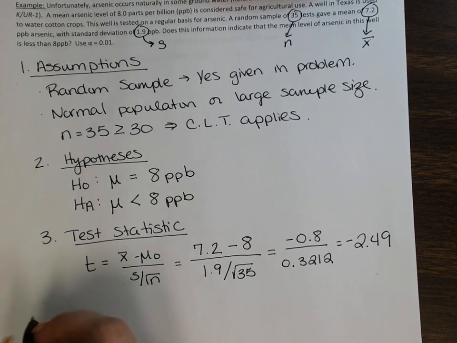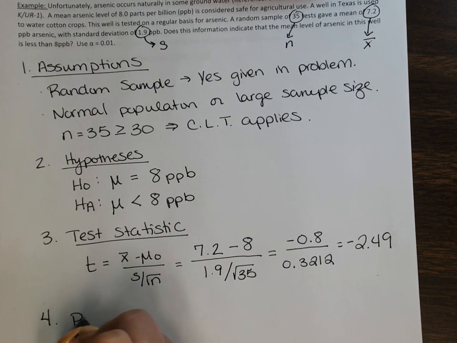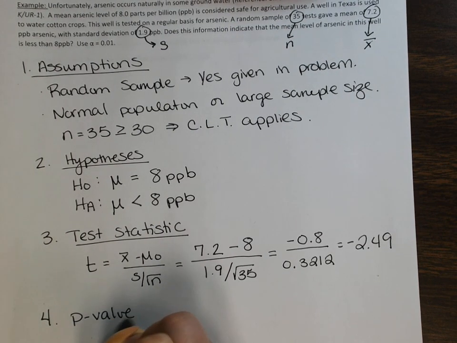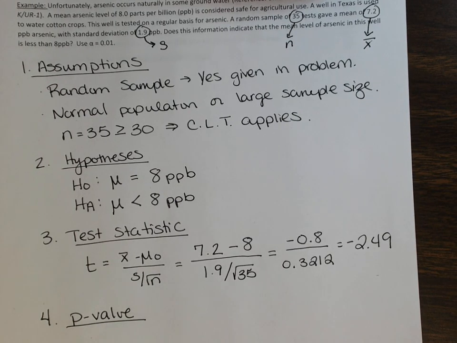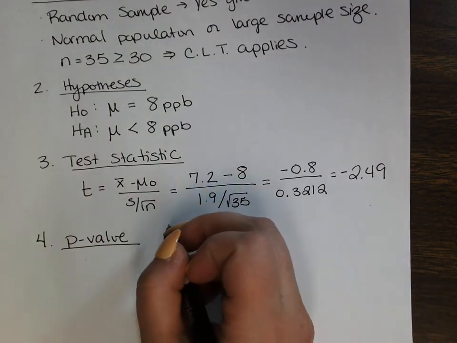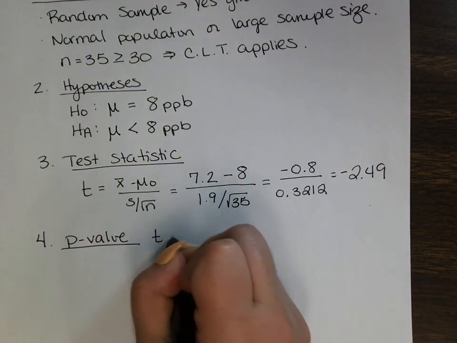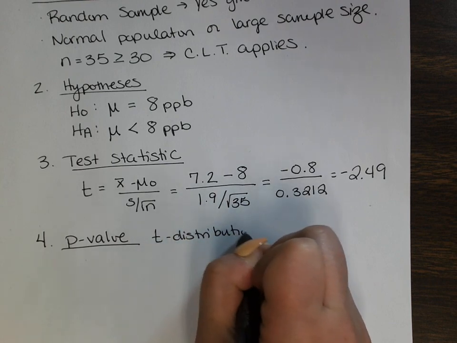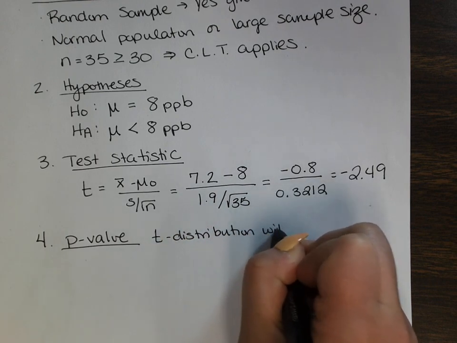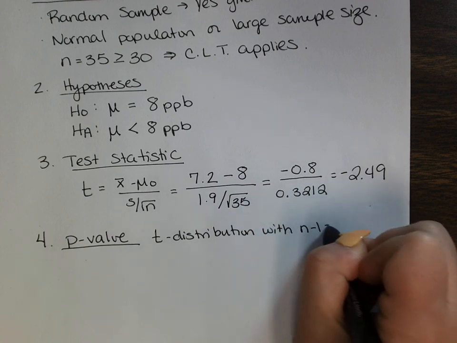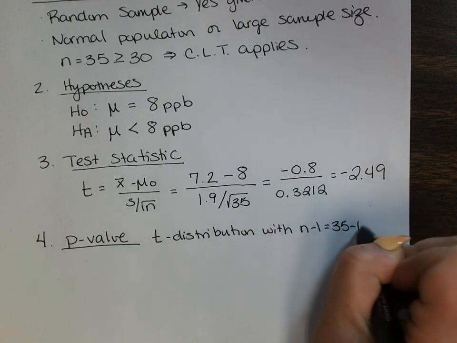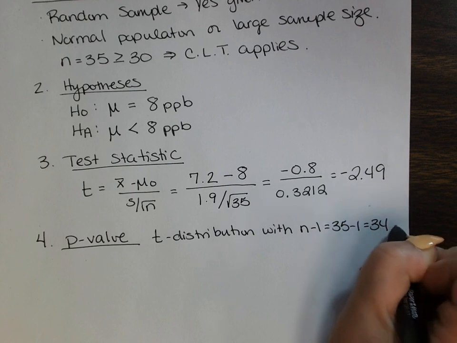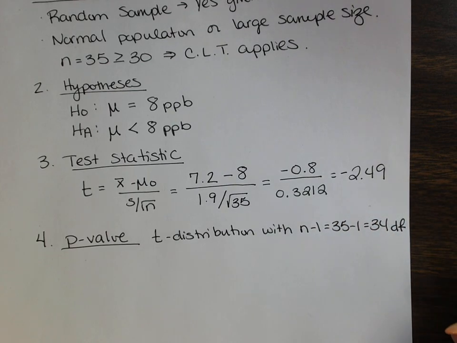Now that we have our test statistic, we can find our p-value. Notice to get our p-value, we're going to need to compare our test statistic to a t-distribution. Here, we need a t-distribution with n minus 1, which is equal to 35 minus 1, which is equal to 34 degrees of freedom.